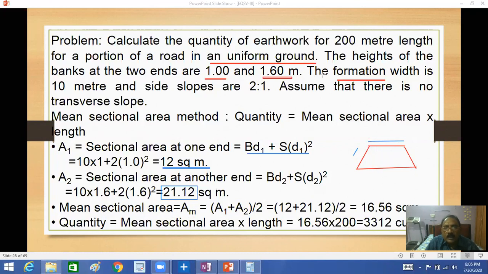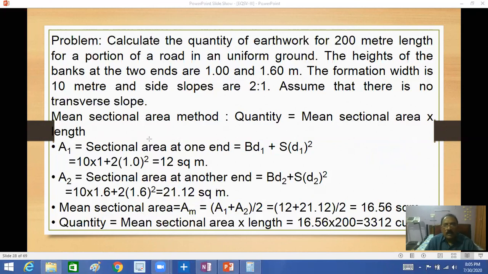What is 200 here? The length of the earthwork of a portion that is on uniform ground. So total quantity is 3,312 cubic meters. In this way, you have to calculate.